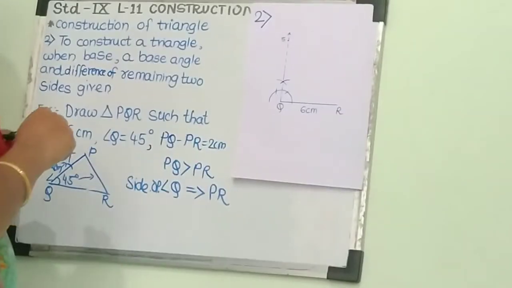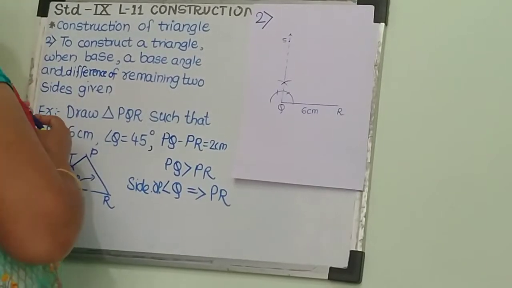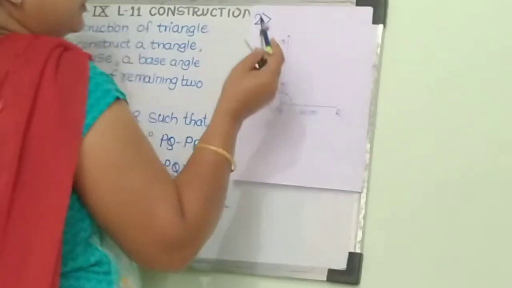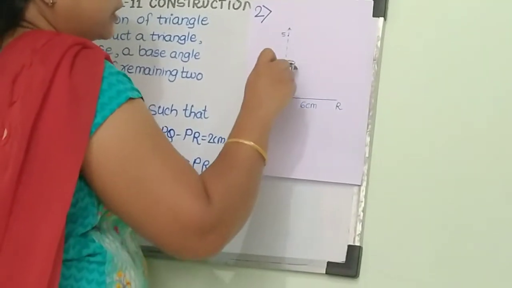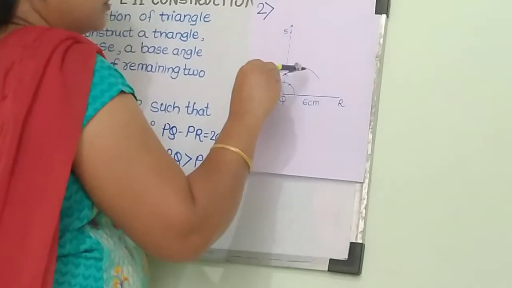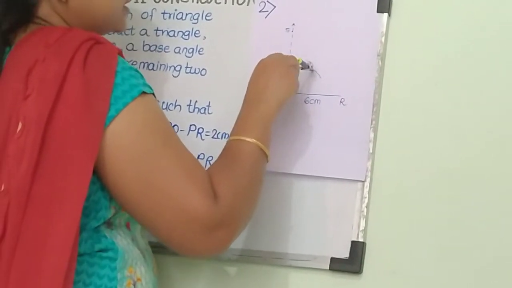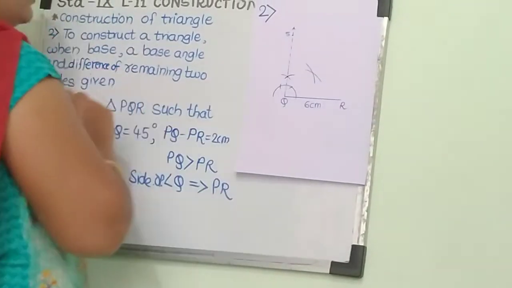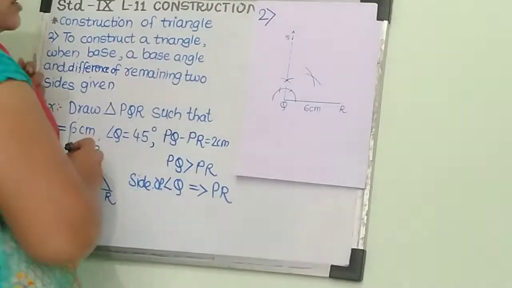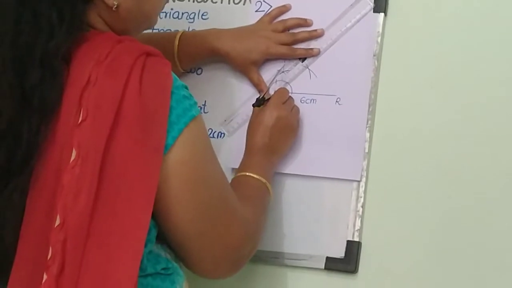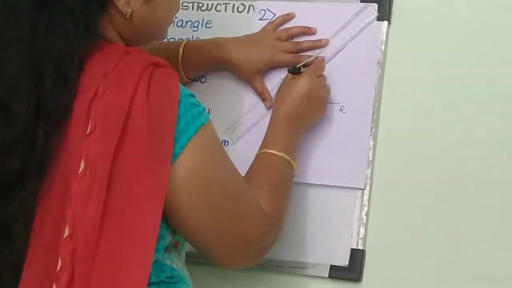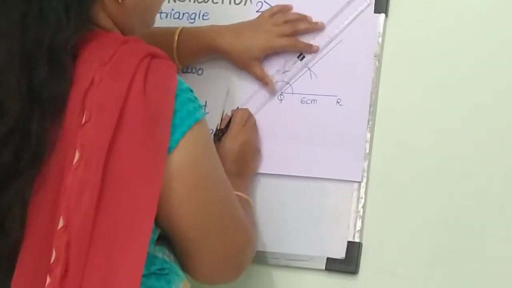We get a 45 degree angle. For the bisecting we are going to take some distance in our compass and from this point mark the arc. In the previous lecture we already learned how to draw the 45 degree angle, so with the help of this we draw first the 45 degree angle.